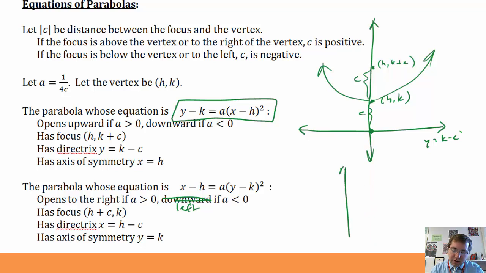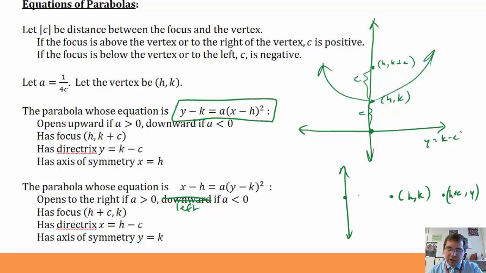So let's say that's my directrix, and let's say my vertex is over here at h, comma, k. Then my focus is going to be over here, where now the y-coordinate is the same as the vertex's y-coordinate, but the x-coordinate is shifted by c, so h plus c.